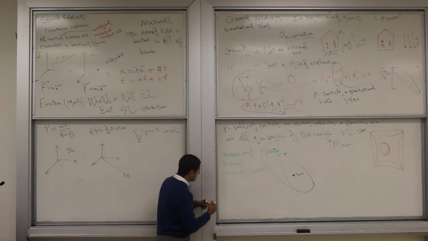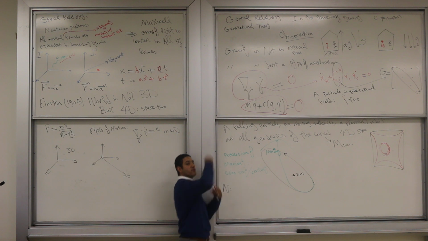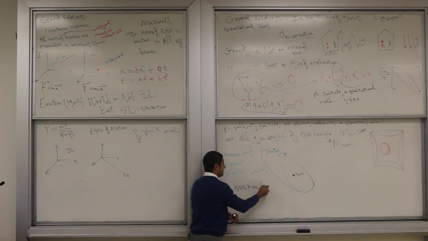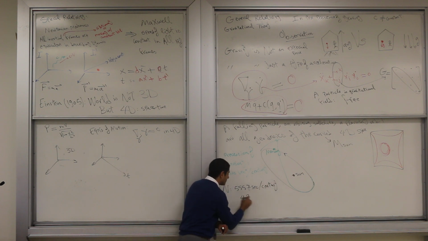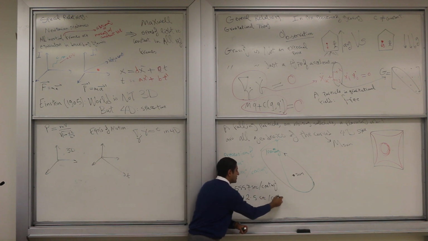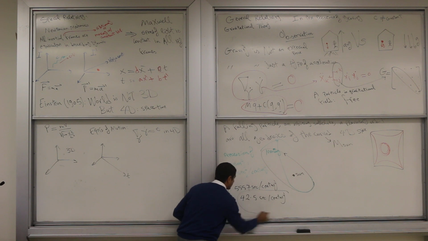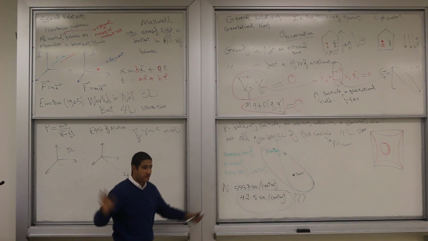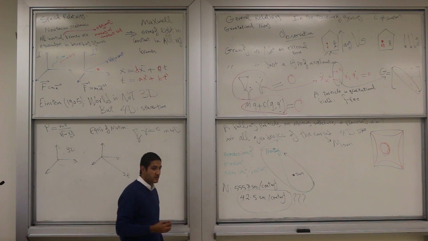Newton, using the effect of other planets, got something like 557 seconds per century, which is great accuracy, right? But there was about 42.5 seconds per century not captured by Newton. Do whatever you like, you will not capture this.